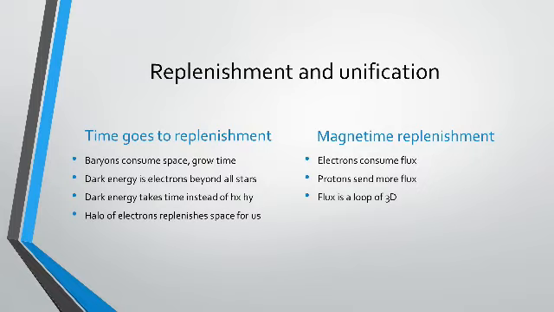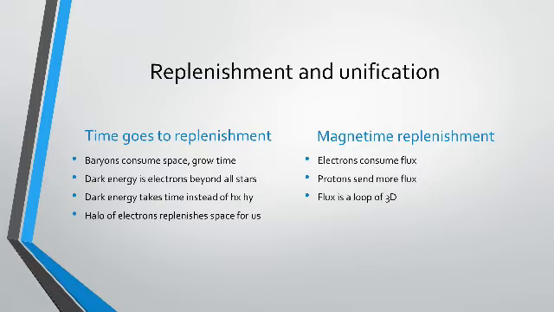And then that space is consumed by the Earth for gravity, and then the Earth's protons emit an equal amount of time outwards, which sometime later at the speed of light reaches the halo of electrons that are replenishing space for us.